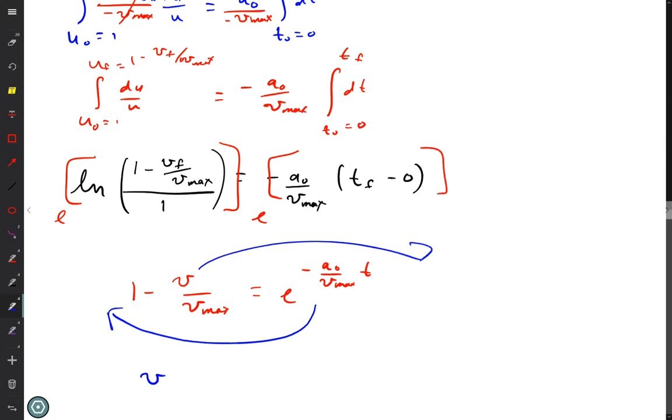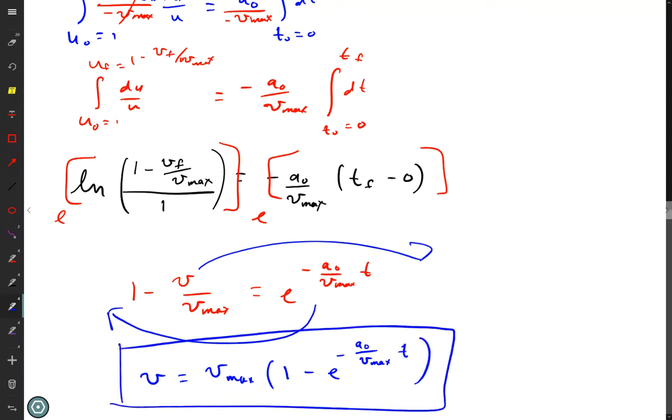So I'll have v is equal to v max times 1 minus e to the minus a0 over v max t.